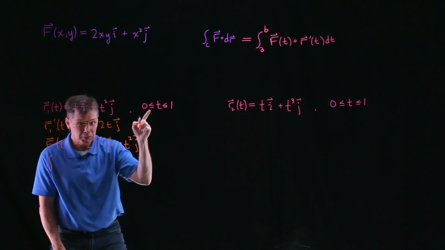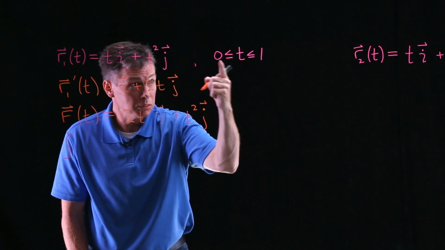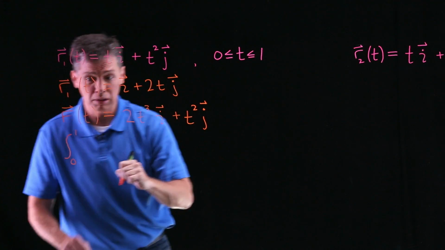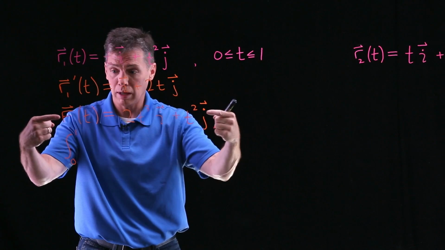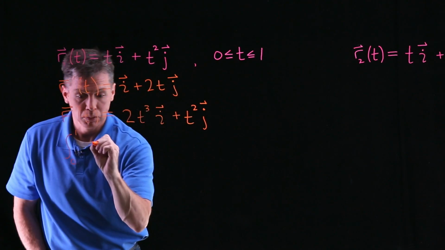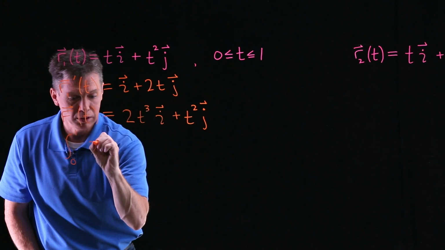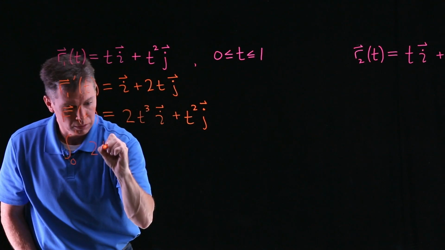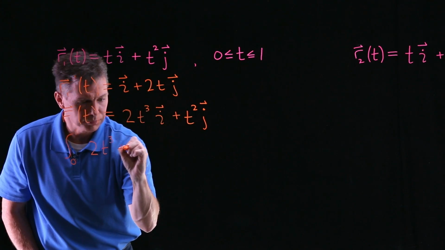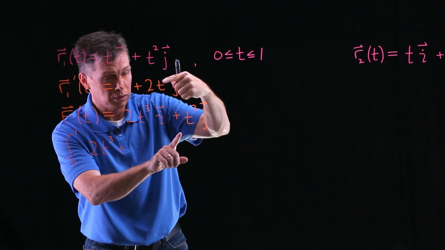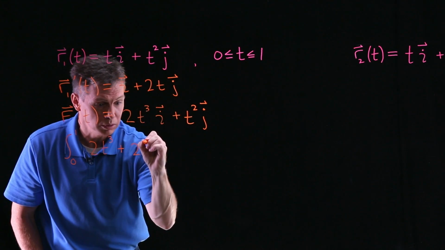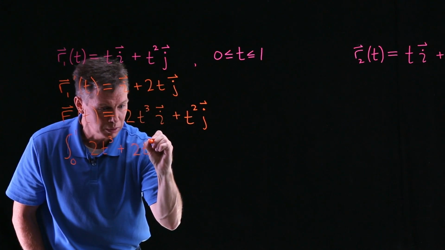All right, then I'm ready for my integral. Well, let's just go right to that formula. Integral from a to b, I'm going to go 0 to 1. And I can do that dot product as we go. We're looking to dot the F with r prime. So multiplying here, we get 2t cubed plus, and then 2t times t squared, that's another 2t cubed.